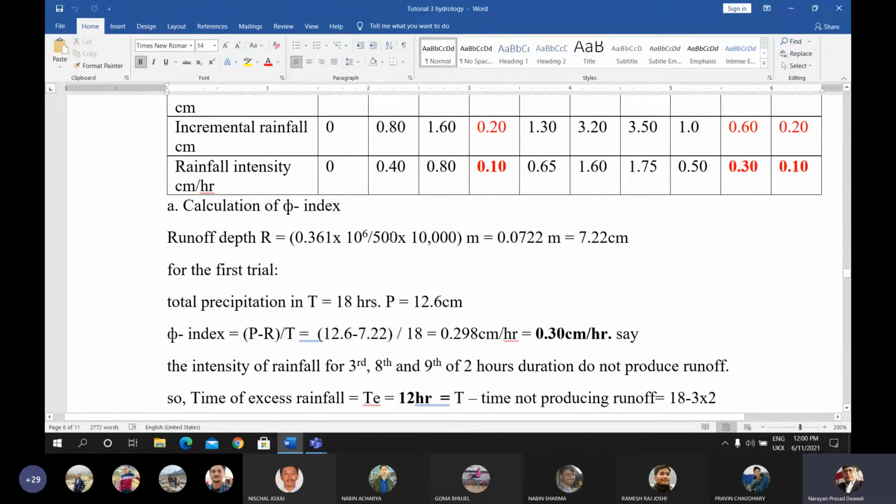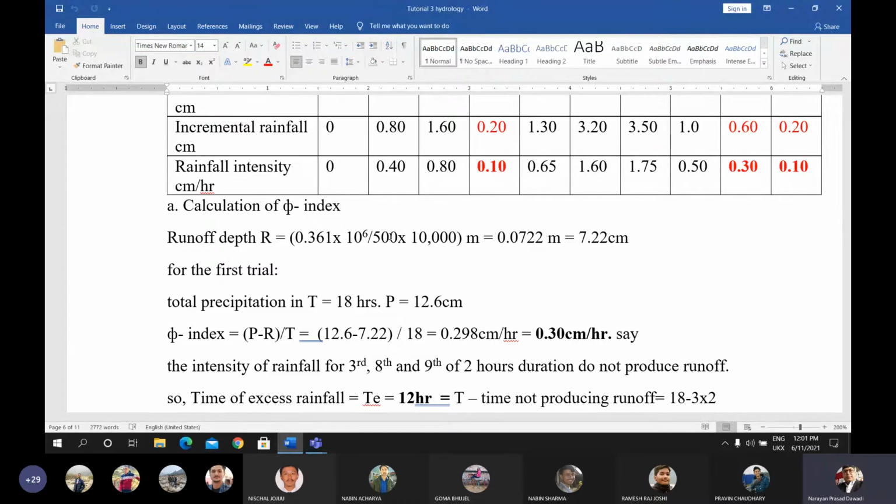This is divided by the area of the catchment, 500 hectare. This hectare is converted into square meter by multiplying by 10,000. The numerator is the volume and the denominator is the area.